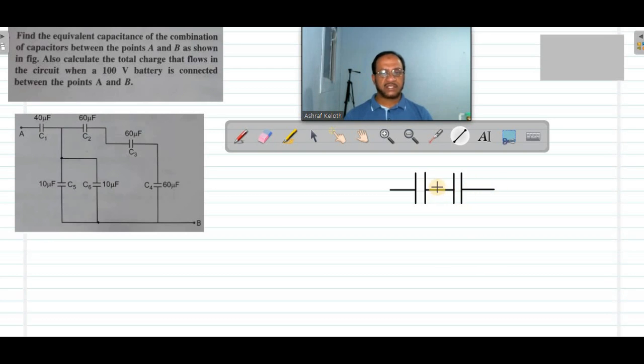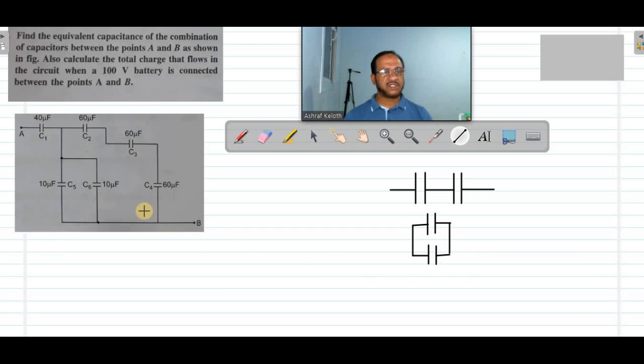Now these are series, but if there is a junction here, then it is not series. And if two plates are interconnected, joined together, and the other plates also joined together, then they are parallel.